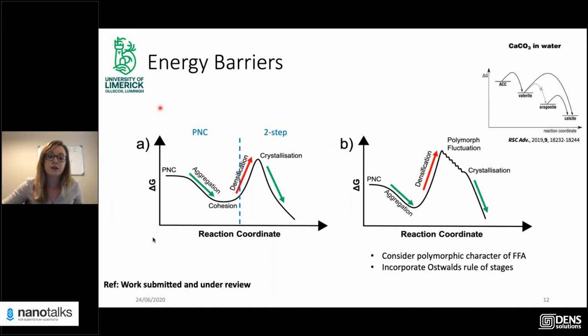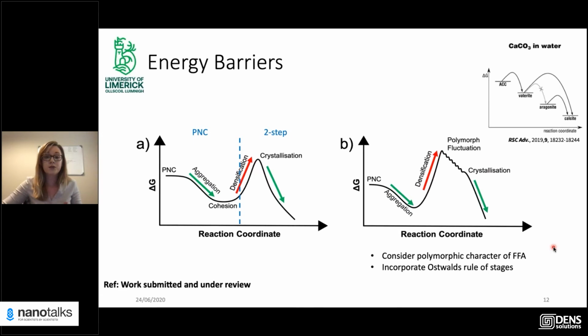So this energy diagram on the left here was inspired by these theories, where we have a constant energy associated with crystallization, and then you get the final crystal relaxing down to the ground state. Now on the right here is a different take on that, and this is to consider the fact that flufenamic acid is a polymorphic material.